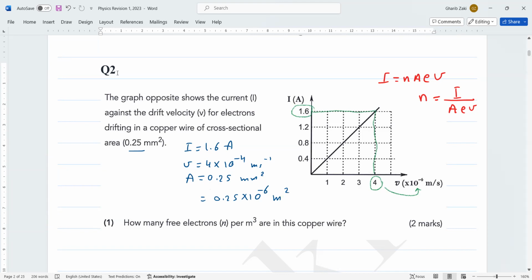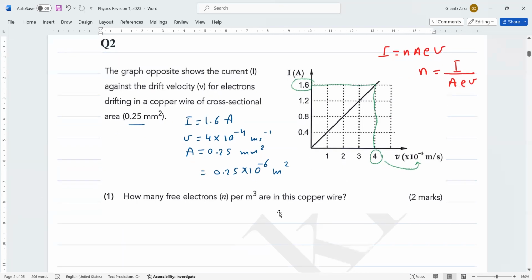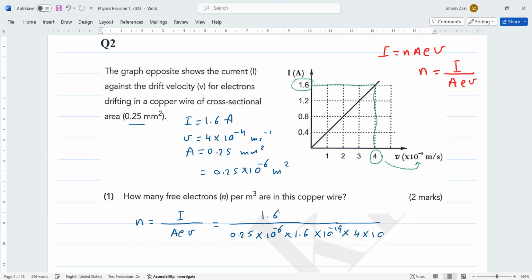Now we can get the number of electrons. So we write N equals I over AEV, this is the formula. So it equals, I is the current, 1.6, divided by 0.25 multiply 10 to the power negative 6, multiply E, 1.6 times 10 to the power negative 19, multiply the drift velocity, which is 4 multiply 10 to the power negative 4.